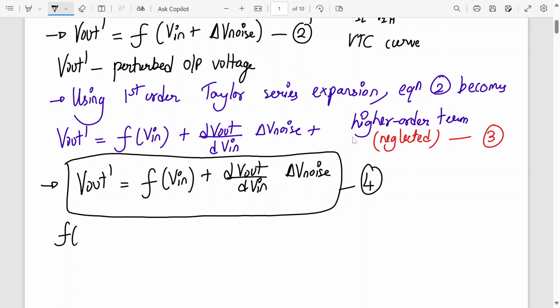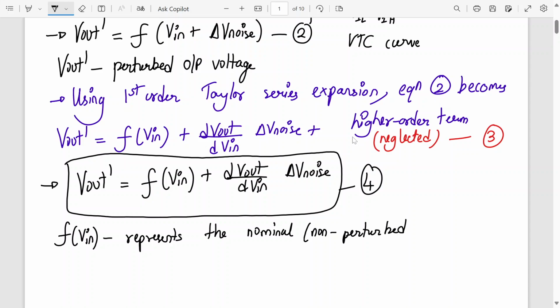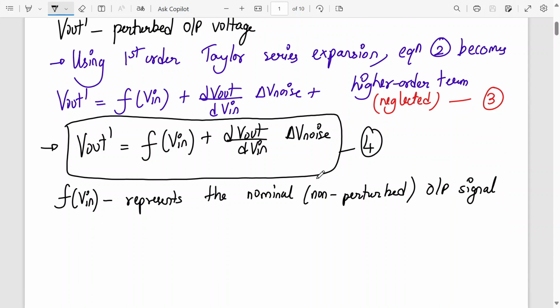So what does f of V in represent? It represents the nominal output voltage, the undisturbed or non-perturbed output signal. Function of input, that is the nominal output signal.